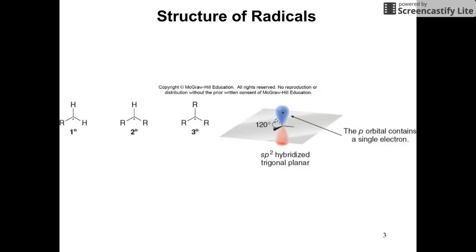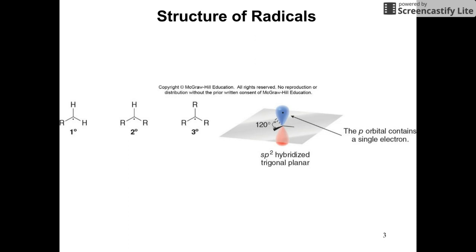In terms of the structure of a radical, if you think about it, we now no longer have an octet on that carbon. And in general, we deal with carbon radicals. We can talk about any kind of atomic radical, but in terms of organic chemistry, we're going to talk about carbon radicals.